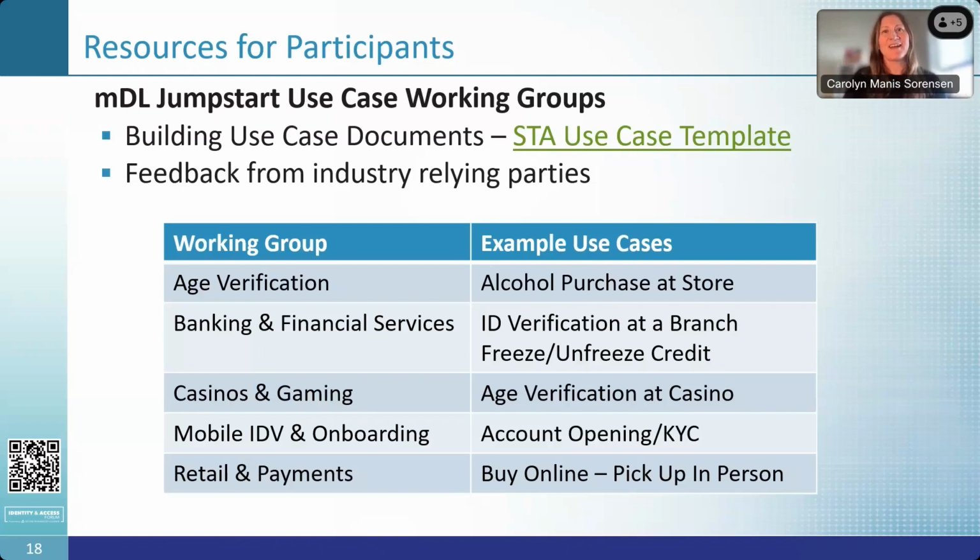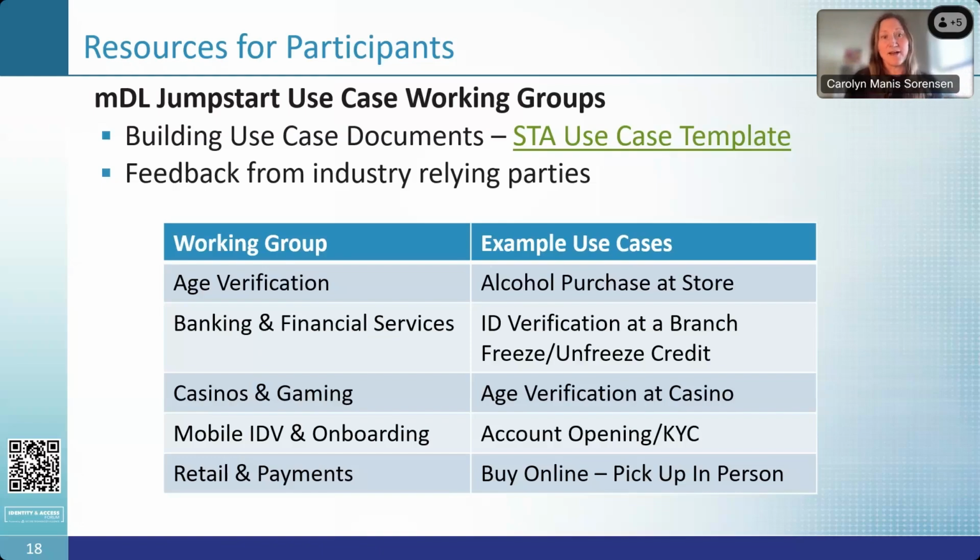Now that the ISO standard 18013-7 has been approved for online verification or online presentation of mobile driver's licenses, account opening and KYC is at the top of everyone's mind on how can that really revolutionize the idea of account opening and onboarding and know your customer in online transactions.